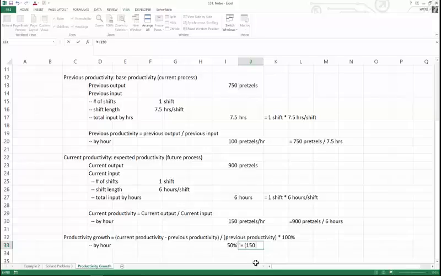It's 150 pretzels per hour minus 100 pretzels per hour, divided by 100 pretzels per hour, and times 100%. That will give us the final answer. So the productivity growth is 50%.